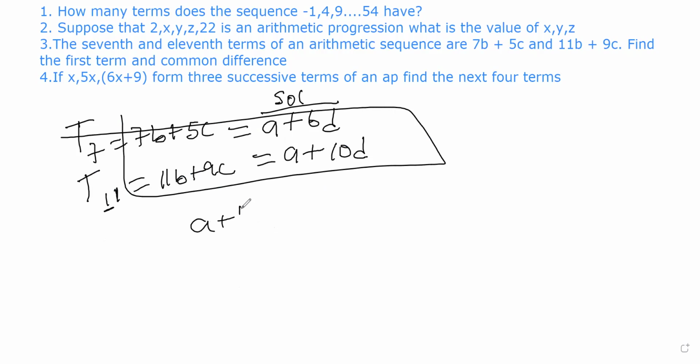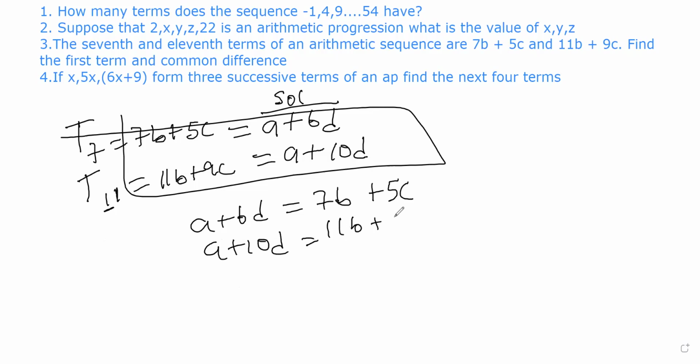So we have a plus 6d equals 7b plus 5c. Then our second equation is a plus 10d equals 11b plus 9c.